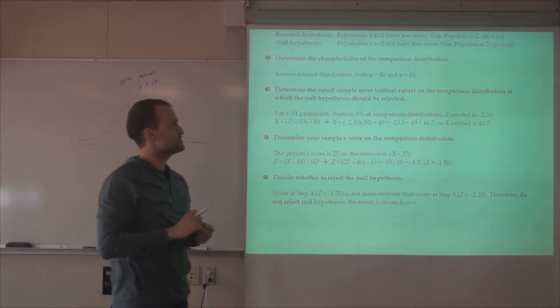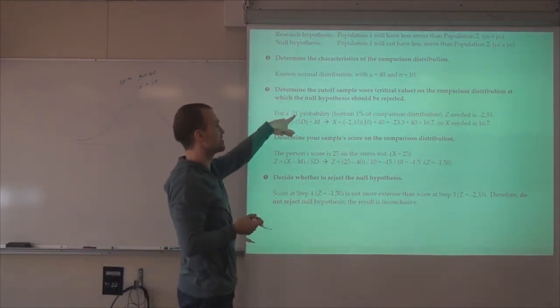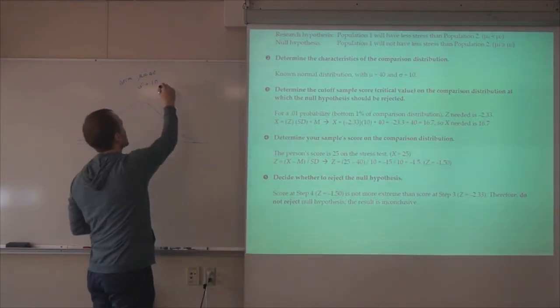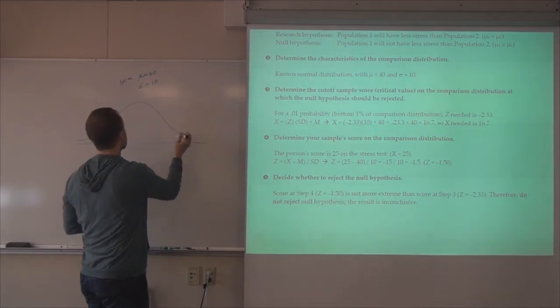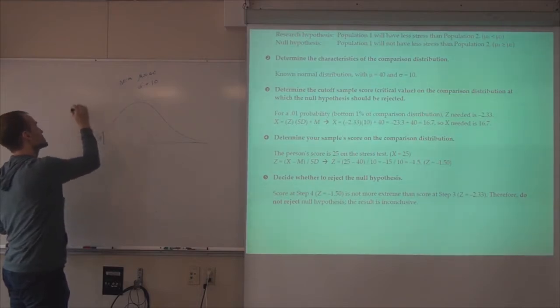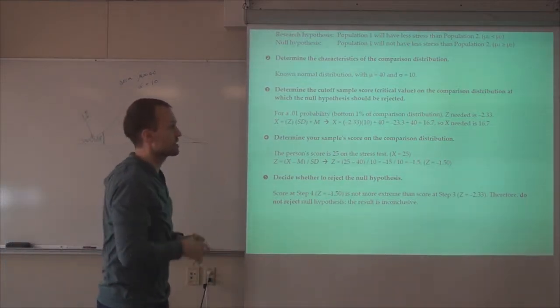Now if I choose a significance level of 1% or 0.01, that will put me on the left here as my cutoff value, so that this area over here is 1% or 0.01, whichever one you want.